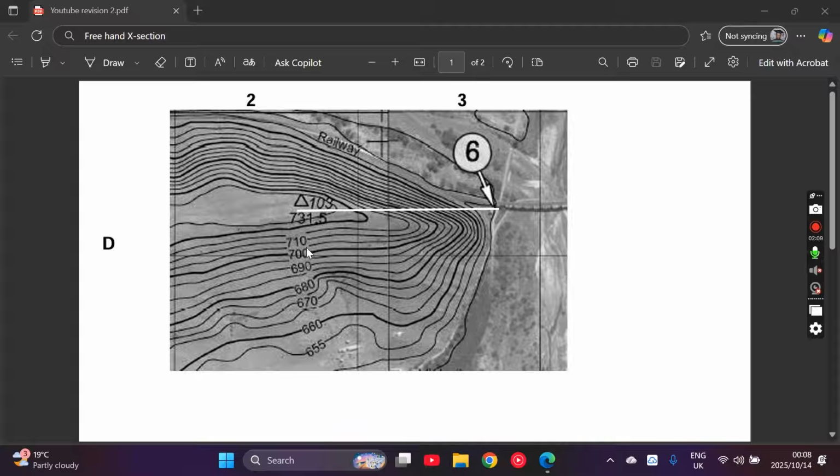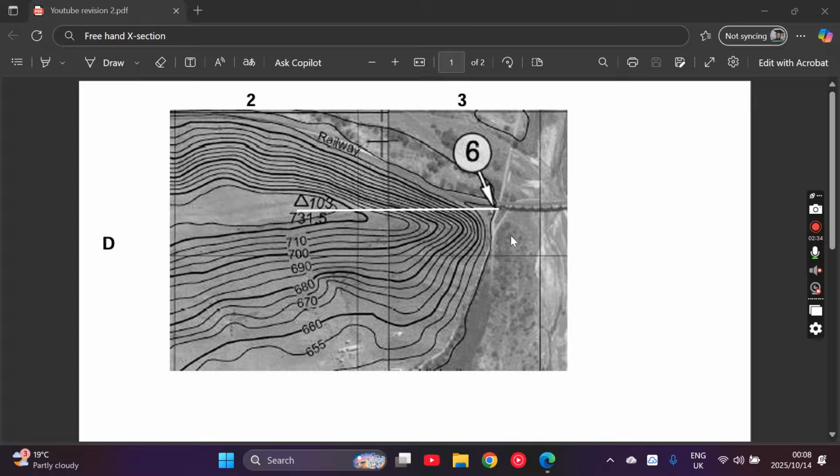And as you can see, the contour interval is 10 meters for this map. So this means that when I'm at 0.6, I am at the bottom of the slope, and as I move along the line towards my trigonometric station, I am going up slope. So this will be the top of the slope.